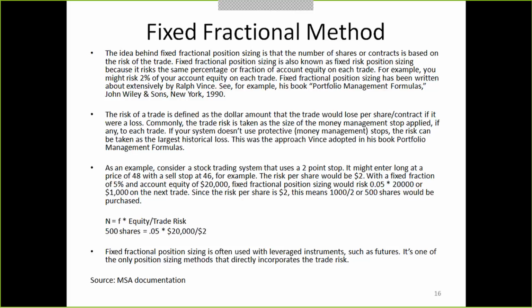So here, 5% or 0.05 times the $20,000 in equity divided by the $2 per share you're risking, this would come out that you should trade 500 shares. So it's one way to approach shares, and we'll see an example of this in a slide or two.